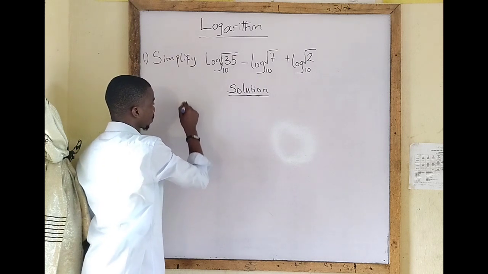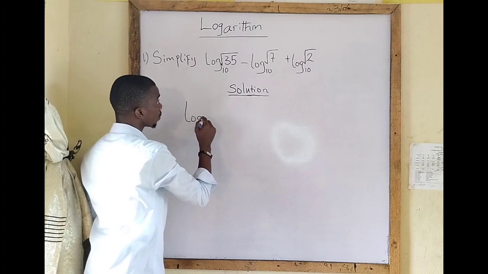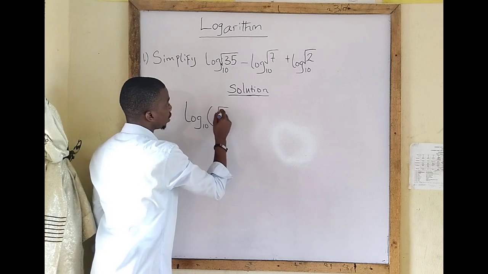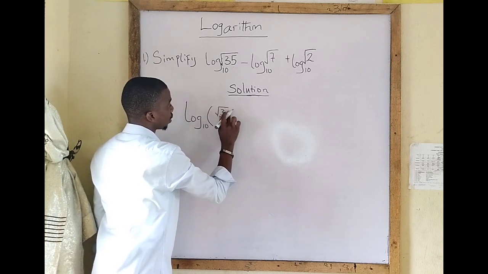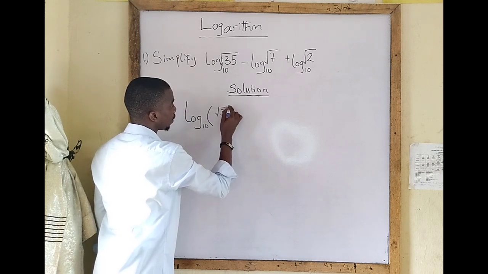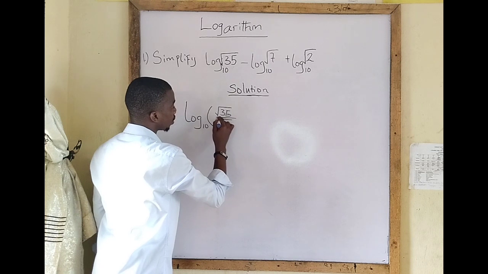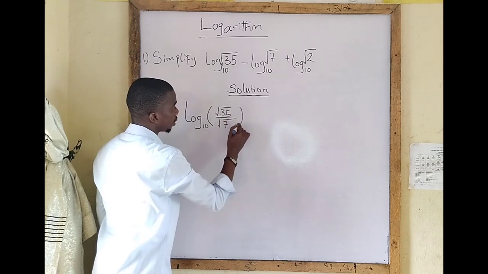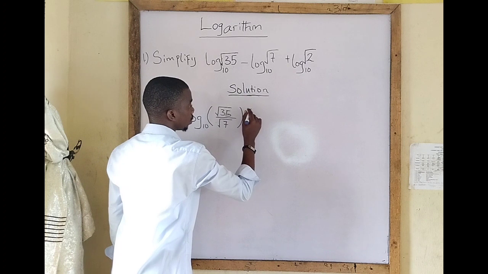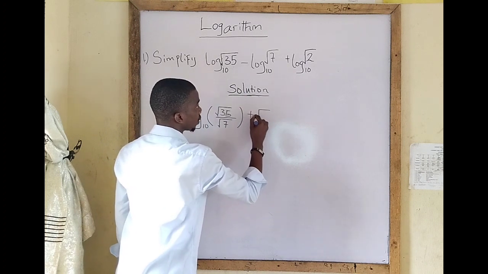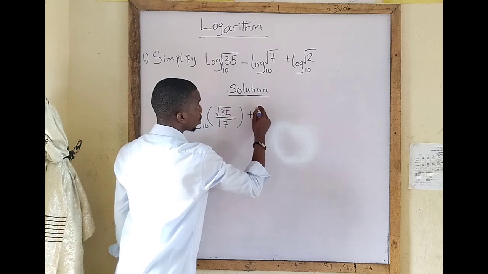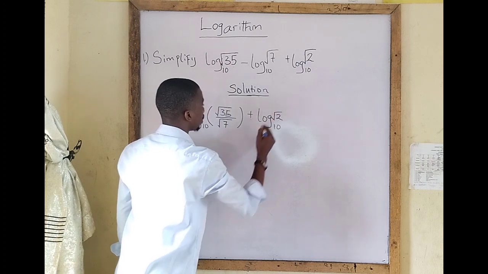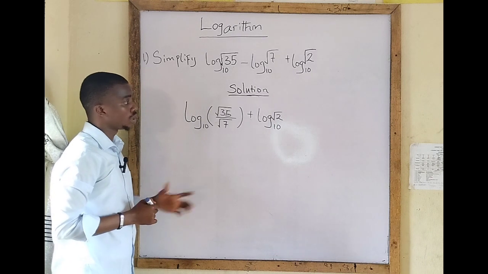So we have log base 10 of bracket root 35 all over root 7, bracket close, plus log root 2 base 10.